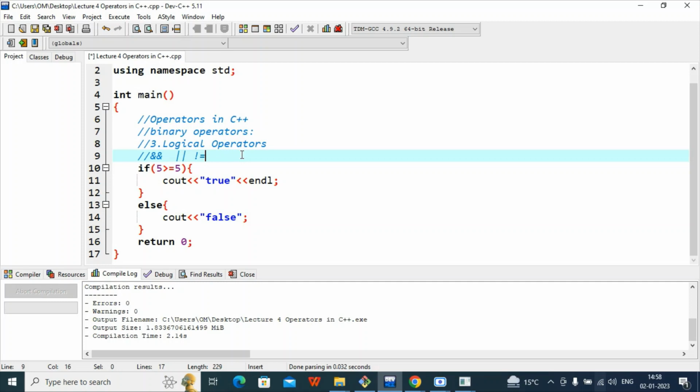I used to call it pipe, and we programmers call it pipe. It does not have any specific name, right?